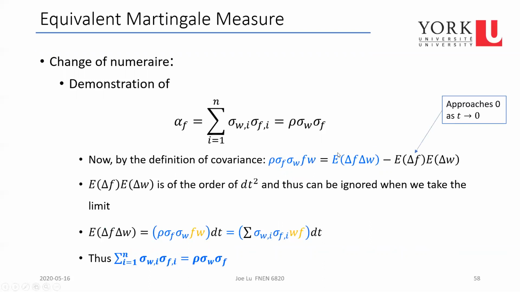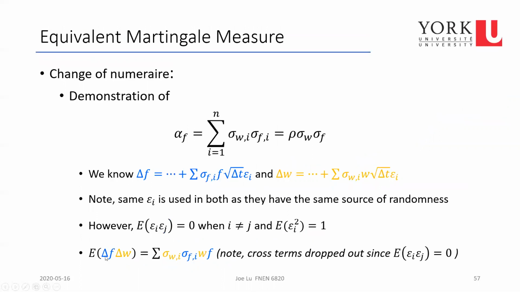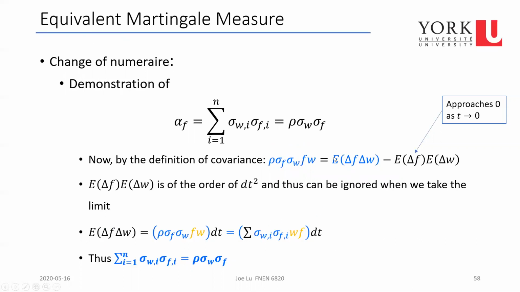Now, what is this expected product of delta F times delta W? Delta F times delta W is equal to this. And we also know that the expected delta F times delta W is, you look at the expectation here, by definition of the covariance.